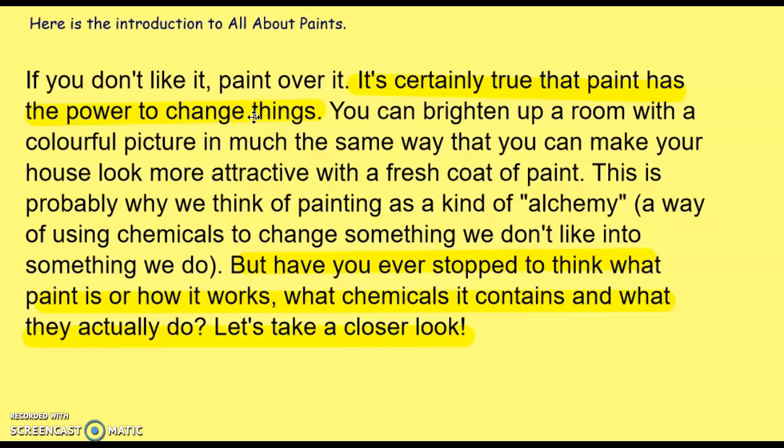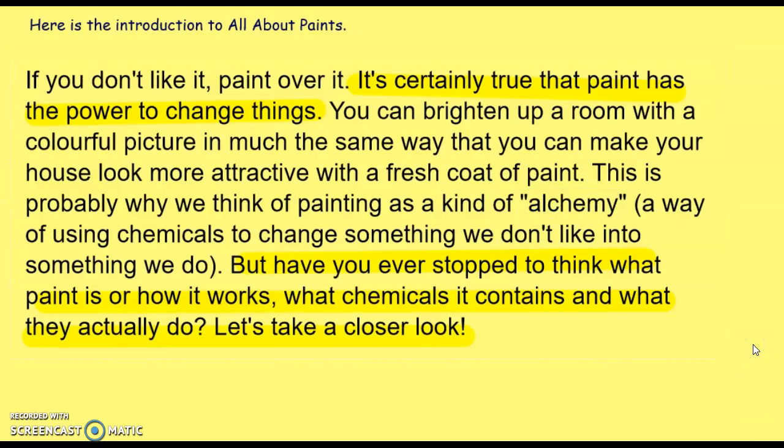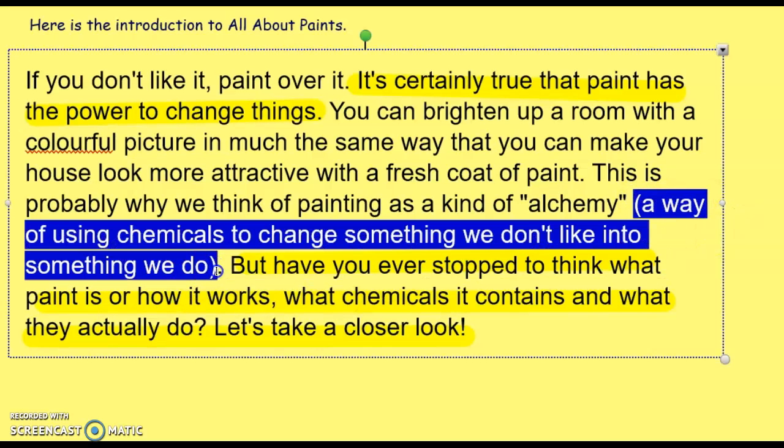It introduces keywords such as the vocabulary alchemy. We know that's a key word and that's introduced in the introduction. There are also some conjunctions used in here, and we've also got some brackets to add in some extra information that makes it successful.